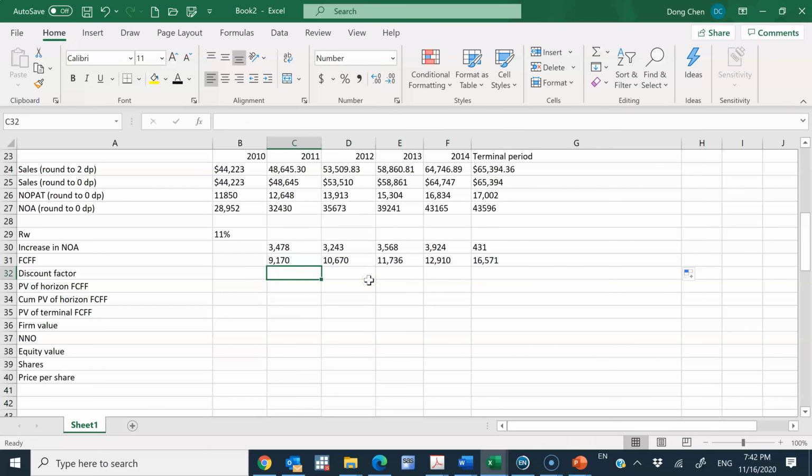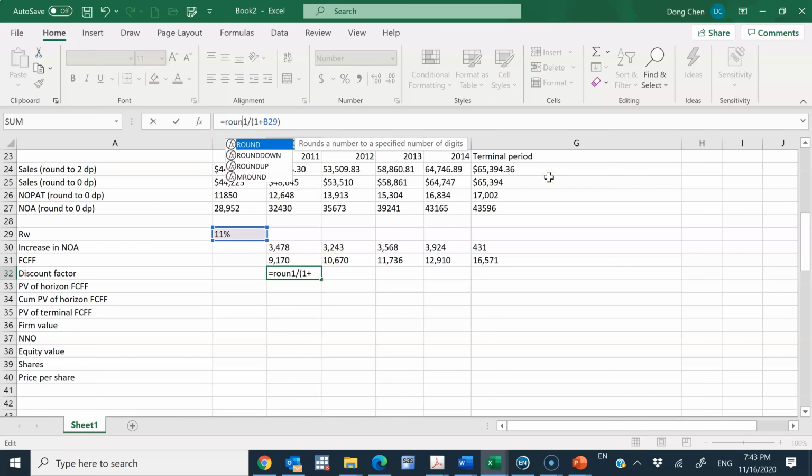Discount factor is basically 1 divided by 1 plus the, oh, I forgot to put equals, plus 1 over 1 plus this weighted average cost of capital. And for the first year, I can just stop here, and this will give me the correct answer, except that I need to use the round function, right?